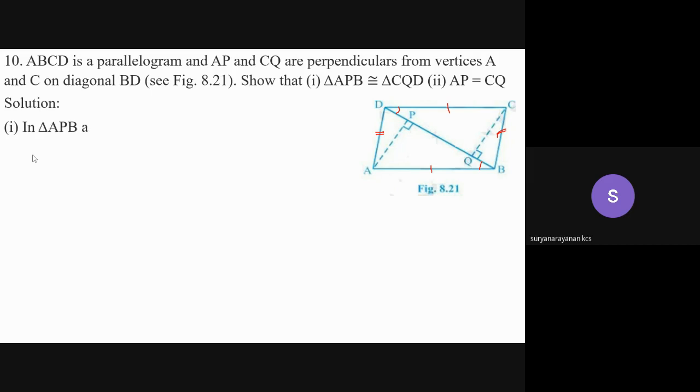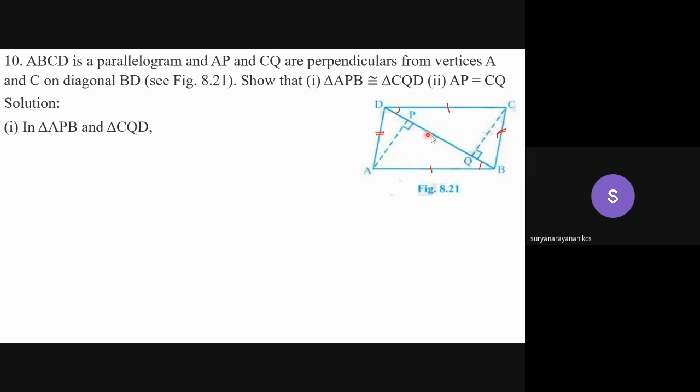In triangle APB and triangle CQD, can you compare which parts are equal? In these two triangles APB and CQD, which parts are equal? Tell me.